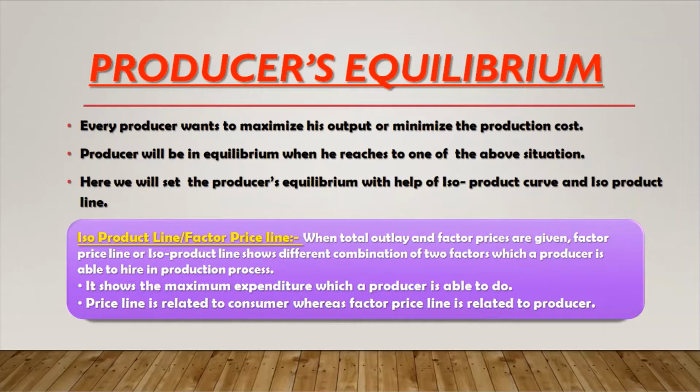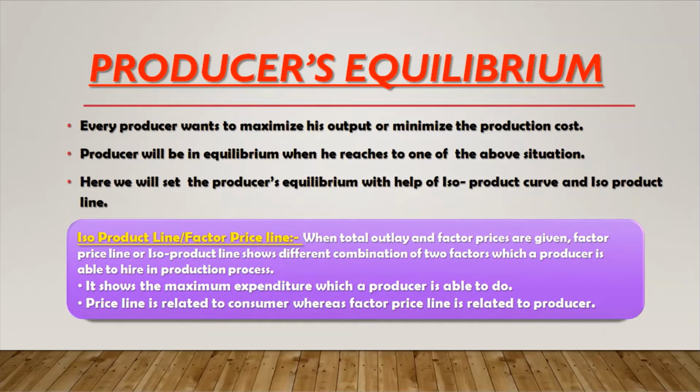In my last video, we discussed isoproduct curve. In this video, we will discuss isoproduct line and producer's equilibrium. So first of all, we will see isoproduct line, or we can call it factor price line.